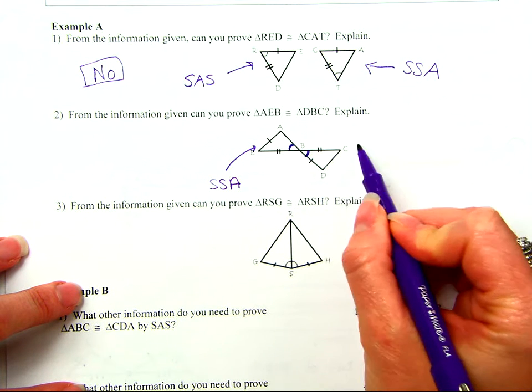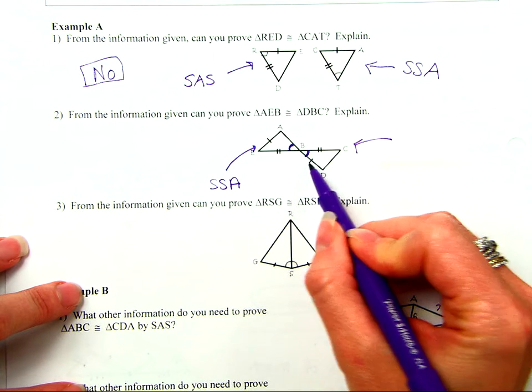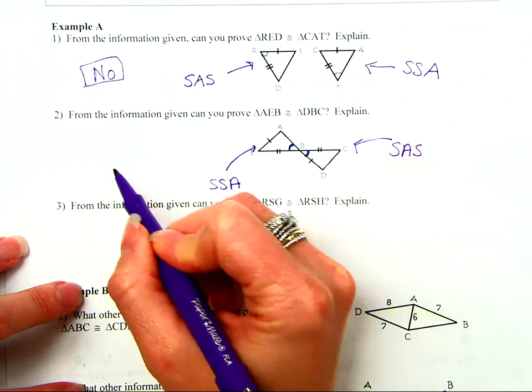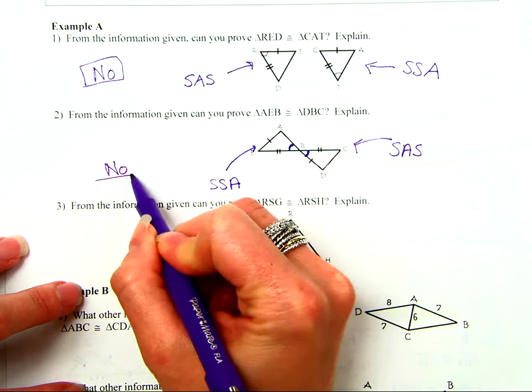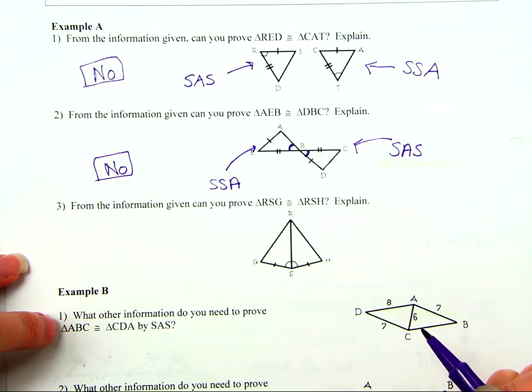And this triangle shows me side, angle, side. So again, because these do not match, I'm going to have to say no. I cannot prove them congruent. I don't have enough information. They could be, but at this point I can't determine it.